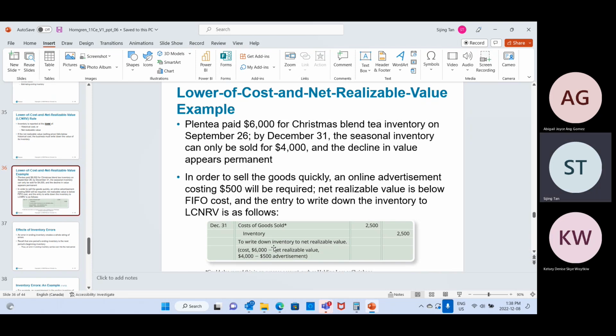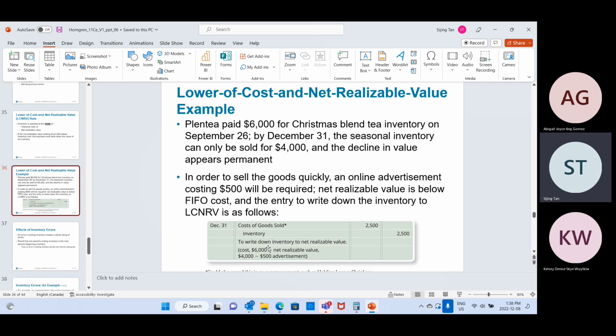Now, the total historical cost was $6,000. Right, the net realizable value: we use the selling price, 4,000, deduct the advertisement cost, 500, which is 3,500. So $3,500 is the net realizable value.